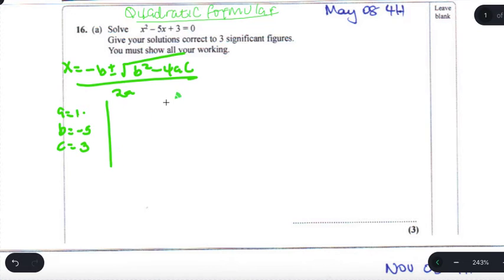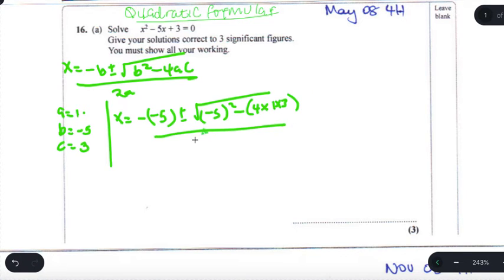Putting it into the quadratic formula, we shall have x equal to negative negative 5 plus or minus the square root of negative 5 squared minus 4 times 1 times 3, all over 2 times 1, because that is the a.